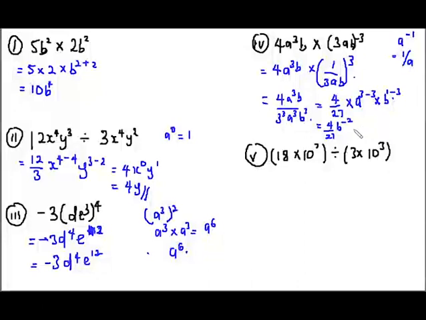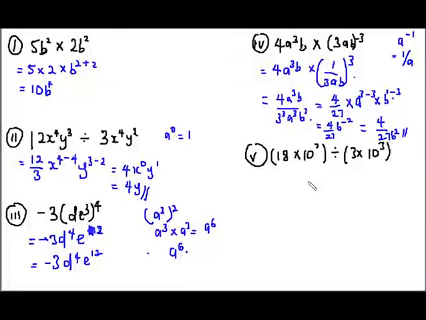So the answer to this problem is equal to 4 over 27 b squared, because I've taken the reciprocal of this negative here. Because of this negative, I took the reciprocal of b. So the result is now 4 over 27 b squared.